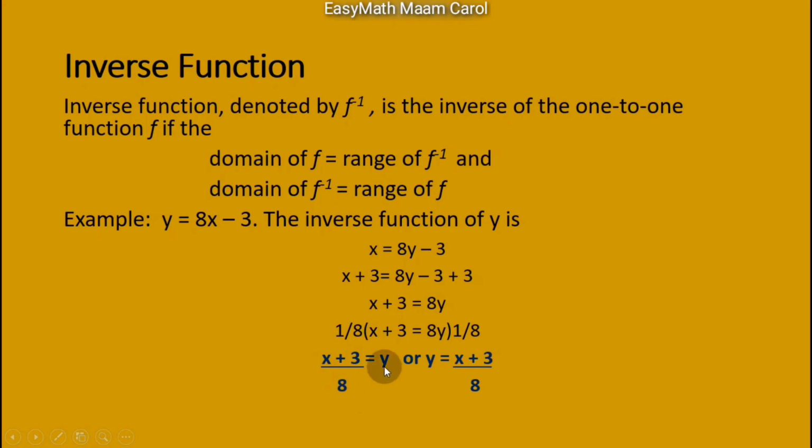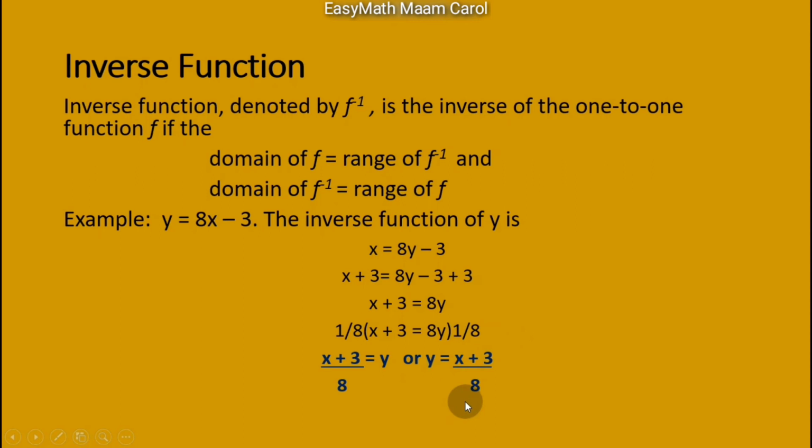And of course, if we are going to follow the convention o kung ano yung pangkaraniwan, syempre yung y laging nasa left side, diba? So, we will just reverse the position. So, y is equal to (x minus 3) over 8. And that is the inverse function of y is equal to 8x minus 3. So, bali, ito yung f to the negative 1.